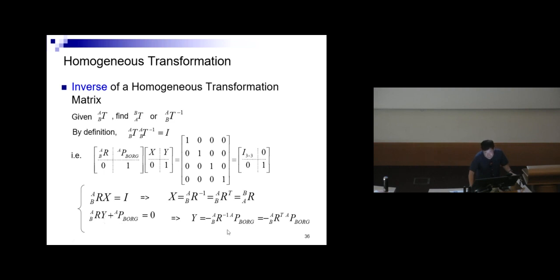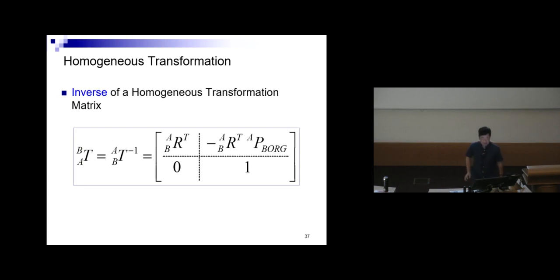Then you bring this over and divide by this. Your Y will be equal to minus ABR inverse APB origin. Again, this is the transpose, so you have minus ABR transpose APB origin. This is just some manipulation.